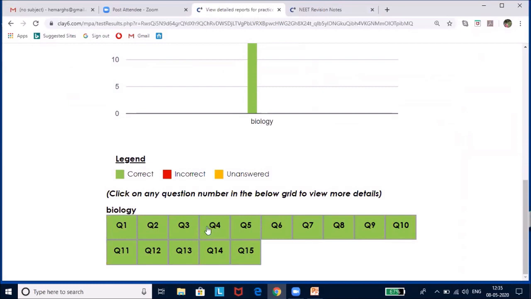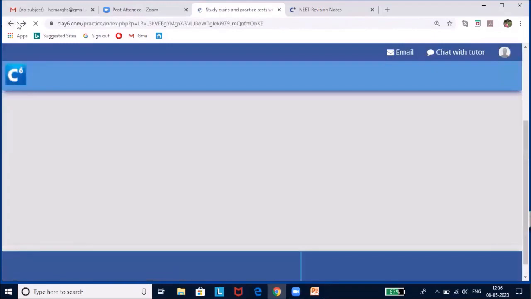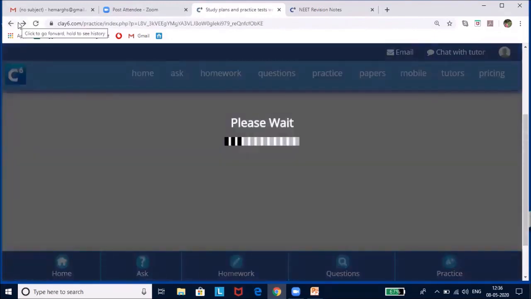Suppose I have left question number 4, then I will get an unanswered question here. Then suppose I have made a mistake in question number 7, it will be showing as incorrect. Then if I click there, the correct answer will be known. I can make a note of it. So now let me take you back to the home page.